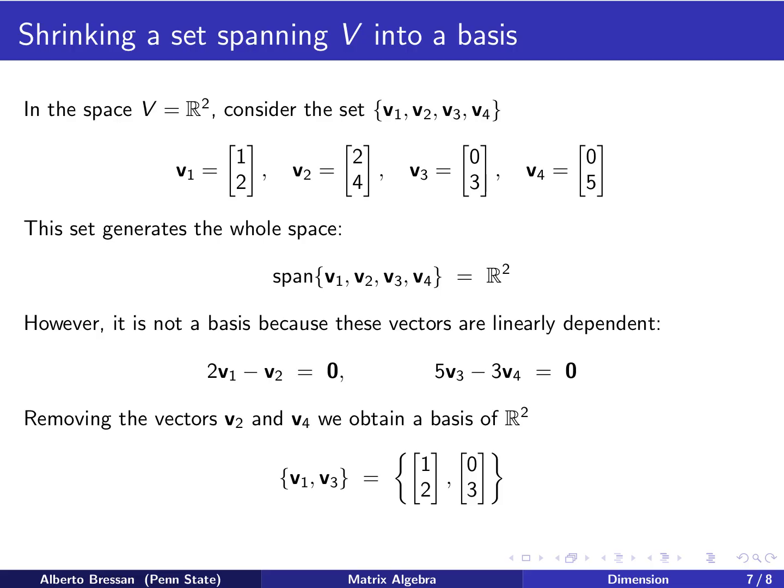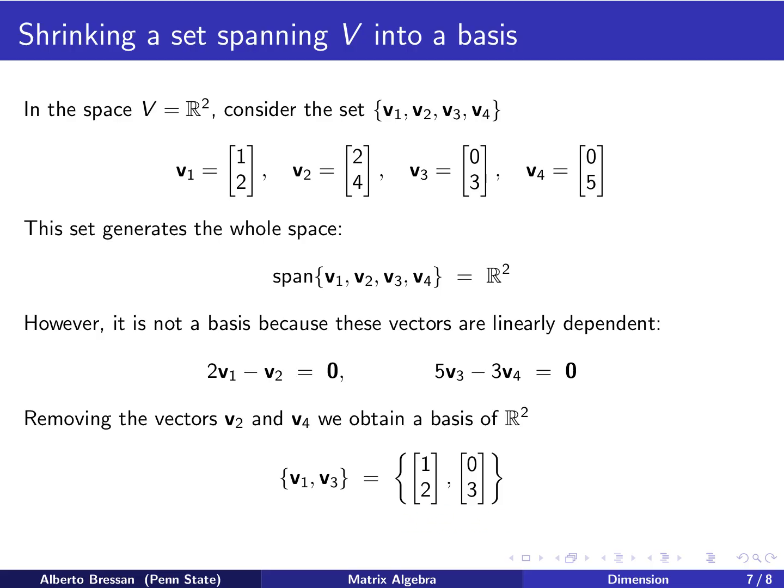Okay, but realizing these two relations, we see that we can remove one vector from each of these relations. Say, for example, I remove V2 here, and I remove V4 here. So I only take V1 and V3, which is now here.